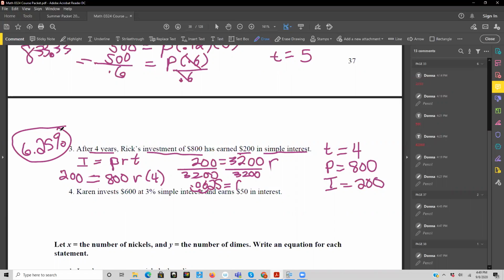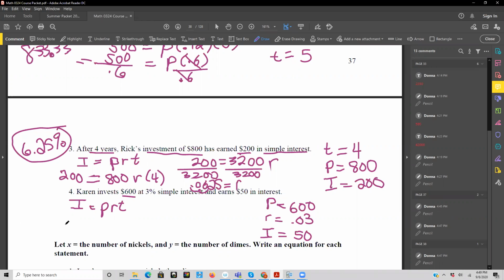All right. Let's see. Karen invests $600, same problem. Simple interest, so I equals PRT. 600 is obviously going to be my P. The interest rate is 3%, so as a decimal, that's 0.03. And $50 is the interest. So here I'm missing time, so they would say something like, how long does it take her to earn $50 in interest?